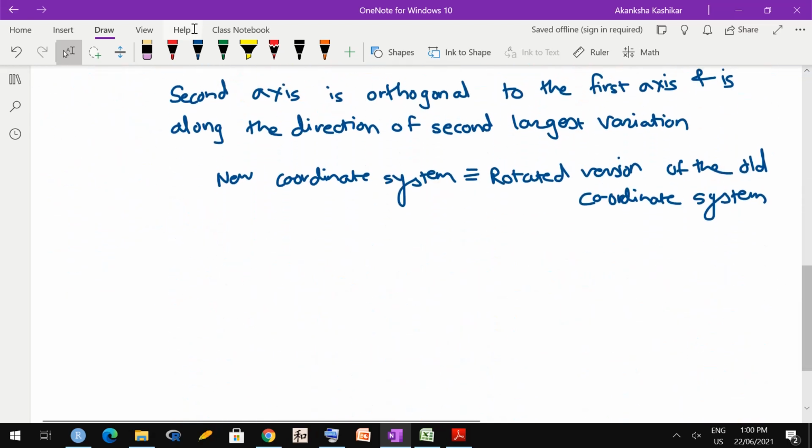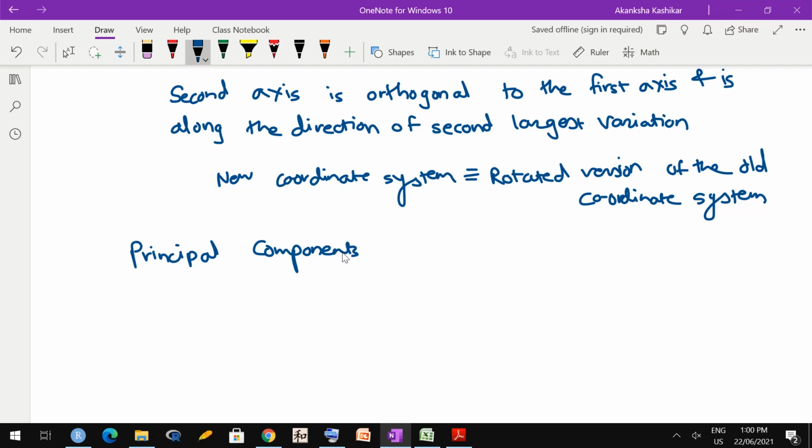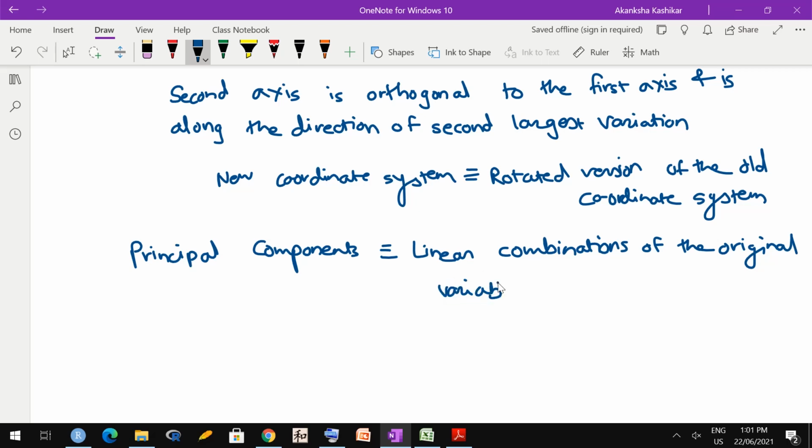So the new axis or the principal components are basically linear combinations of the existing variables. Principal components are nothing but the linear combinations of the original variables. And how do you choose coefficients of those linear combinations? That comes from this variation part.